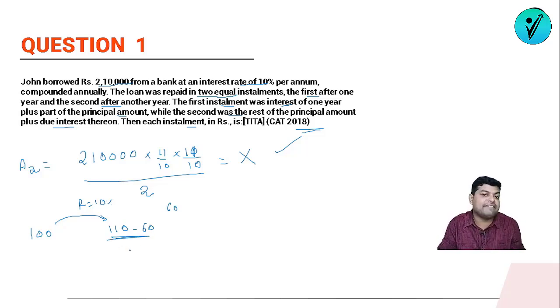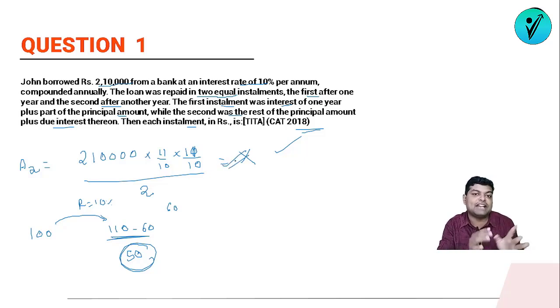It will not be 110, it will be only 50. So for the next year, the principal will be only 50, not 110. If we do it by the earlier mechanism, we are assuming that for the second year also the principal is 110. But the principal will not be 110, it will be a reduced value, because you have repaid some money to the bank. That's why this is the incorrect method.